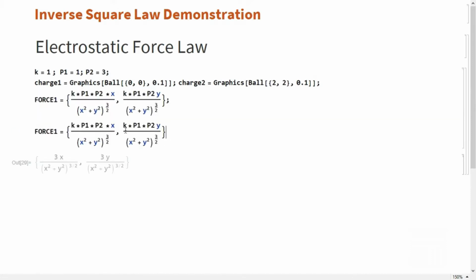And for force 2, this command will hold, but now, since the ball center, that is our charge, is placed at 2, 2, instead of x squared you have to write x minus 2 whole squared, and put these braces, and y minus 2 whole squared.